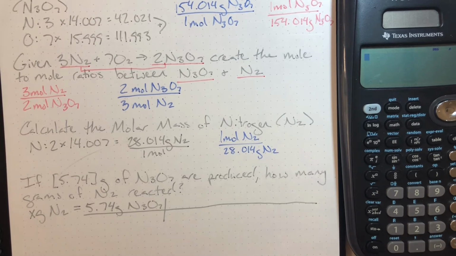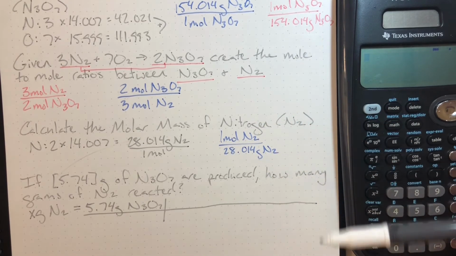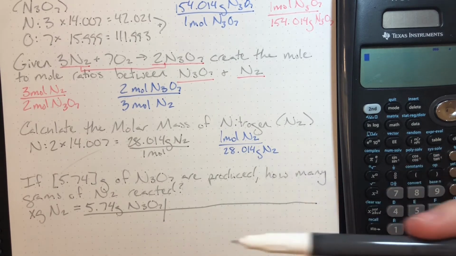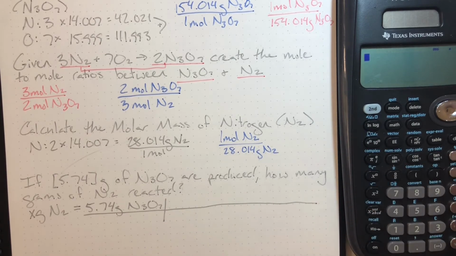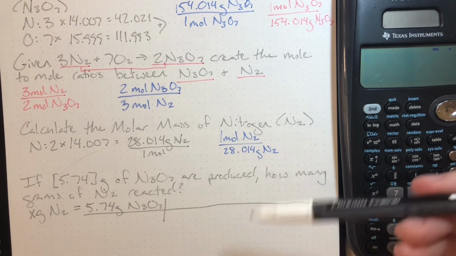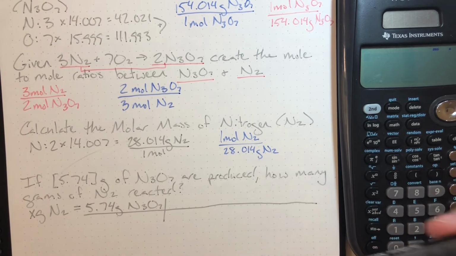I will then begin to solve the problem using the conversion factors that I have already discovered from previous problems. Currently, I am in grams of trinitrogen heptoxide. I need to find the conversion factor that allows me to cancel out grams of trinitrogen heptoxide.